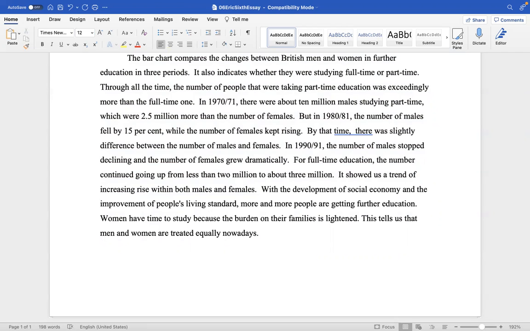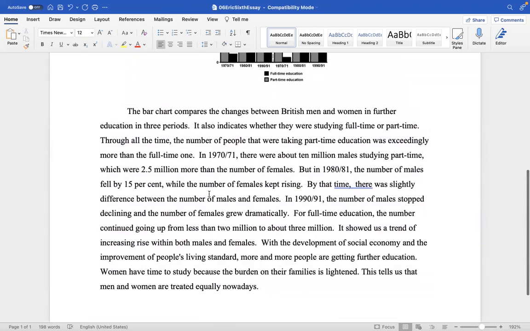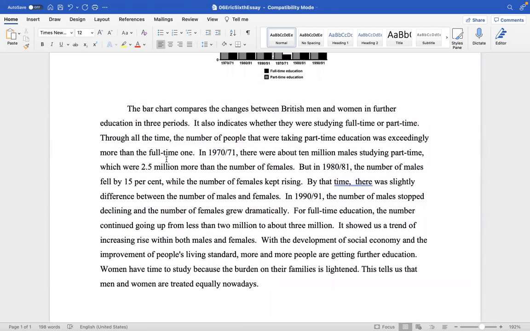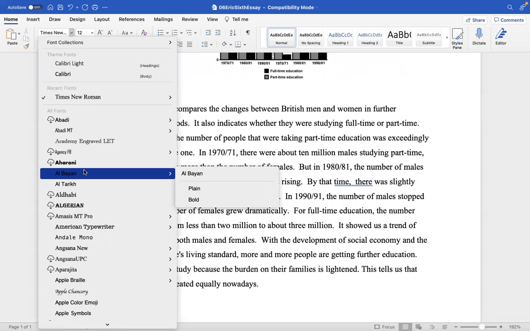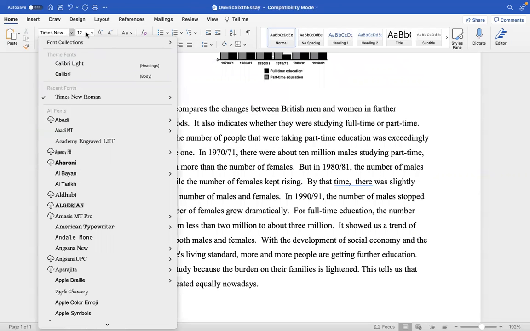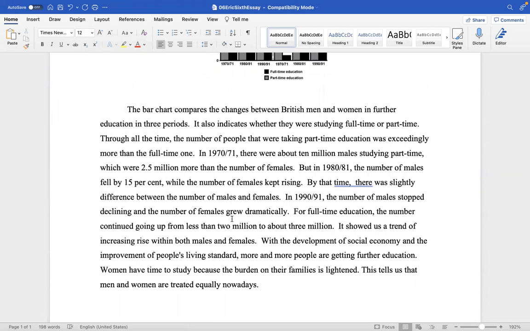But if they allow you computer time, this would be the standard: make sure it's Times New Roman, and I would do 12. You could also ask, they're pretty friendly, what type of font. So this is a font collection. You would ask them what type of font they would prefer, and then this is the size. So you could ask them before you even begin to type.